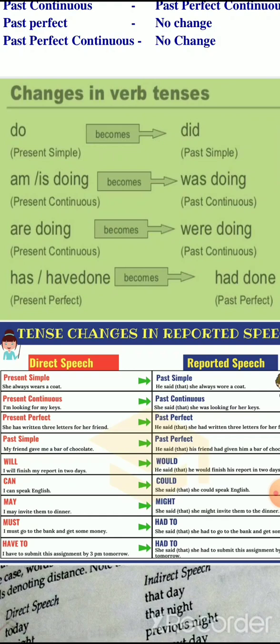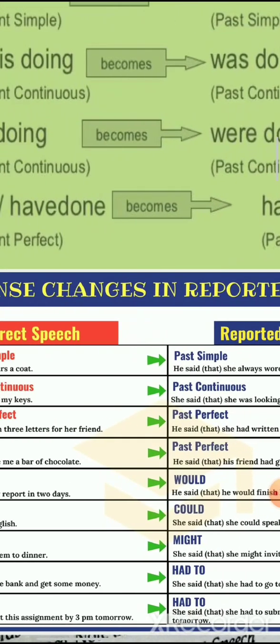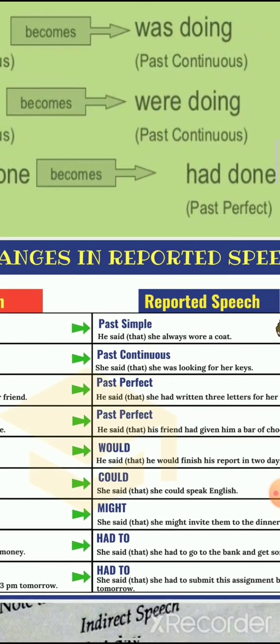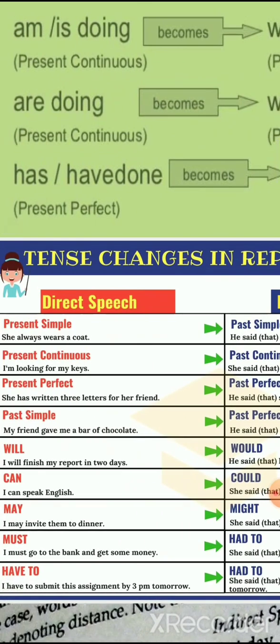Now what are the changes in the verb tenses? So do becomes did, is, am doing becomes was doing, are doing becomes were doing, has, have done becomes had done. Same ikkada tense changes chudandi, same simple present to simple past. Now this one is simple present, simple past, present continuous chudandi.